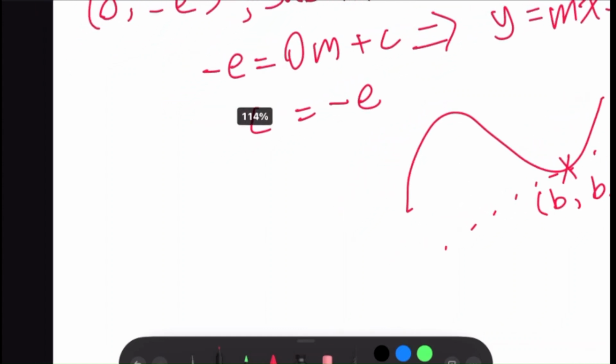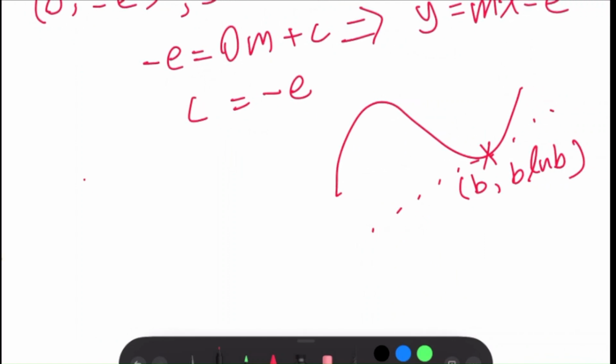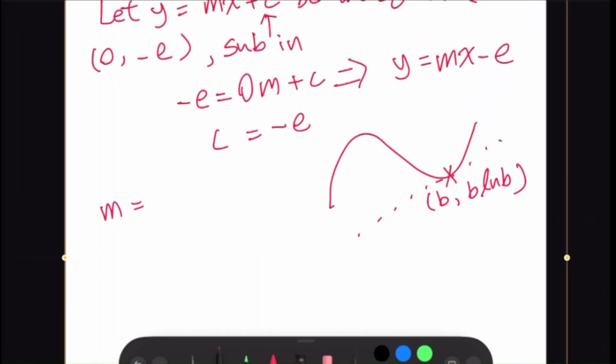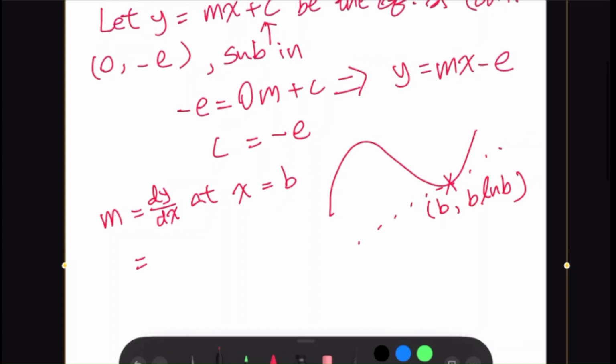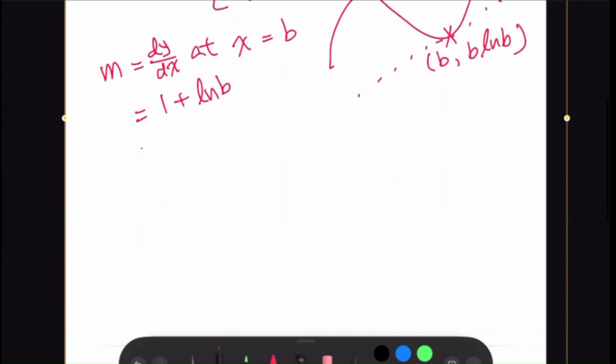We can solve that as m equals dy/dx at x equals b, which would be 1 plus ln b. So the equation then becomes y equals (1 plus ln b)x minus e.